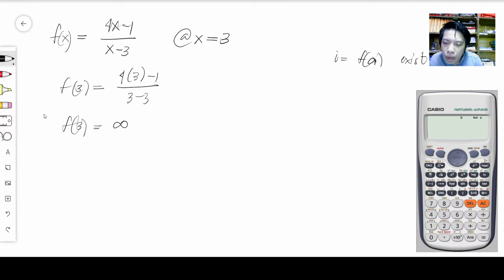So, paano natin ma-determine kung ano nga type of discontinuity is this? First, ginkuha natin ang iya f of a. Gin-check natin if f of a exists. Then the second one, ang second nga criteria, that is if the limit, this is not equal.